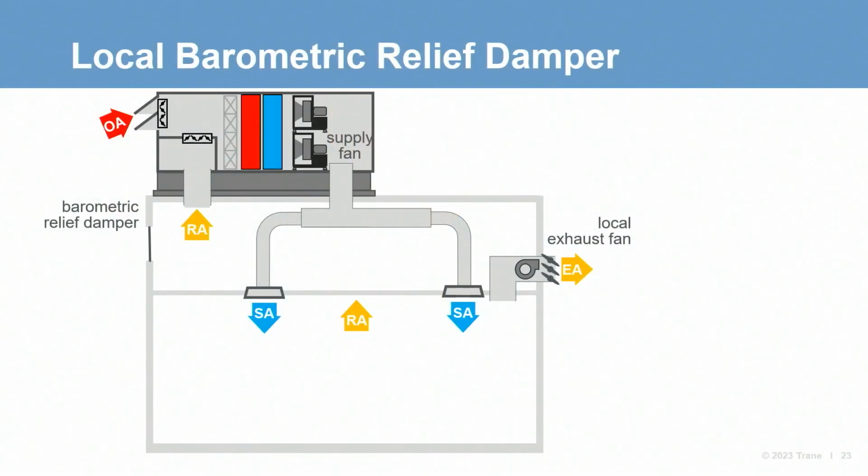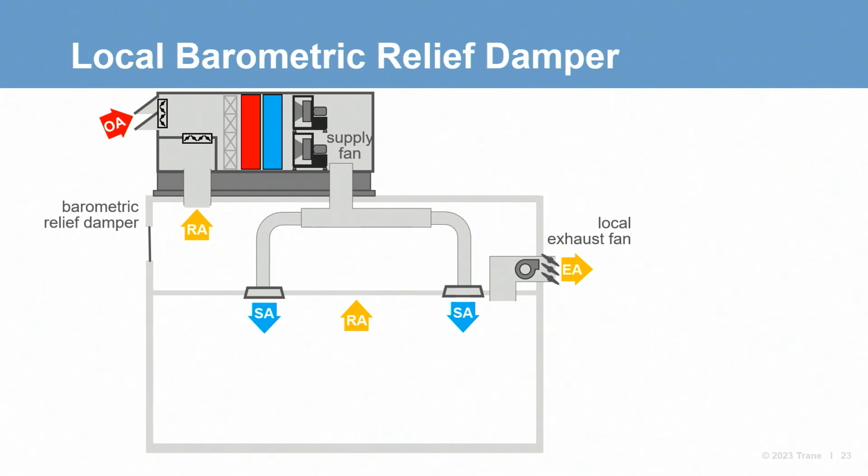This next approach uses a non-motorized gravity-operated relief damper, commonly called a barometric relief damper. In this case, this damper is installed in or very near the occupied space, such as an open ceiling plenum, like shown here.